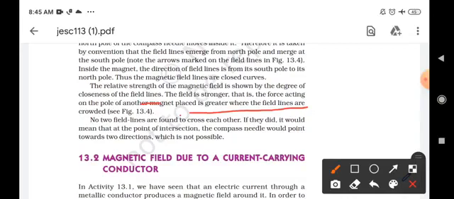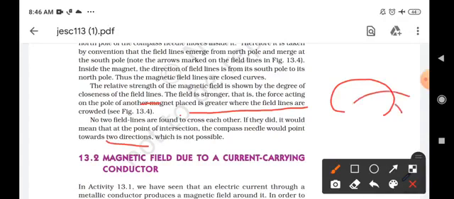So see, suppose two field lines intersect each other, what does that mean? It means one field line is moving in one direction and the other field line is moving in the opposite direction, right? In that case, at that intersection, if you keep a magnetic needle, then the needle will point in two directions, because one is coming to this side and the other is coming to that side.